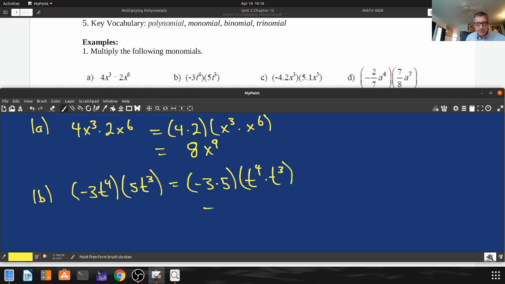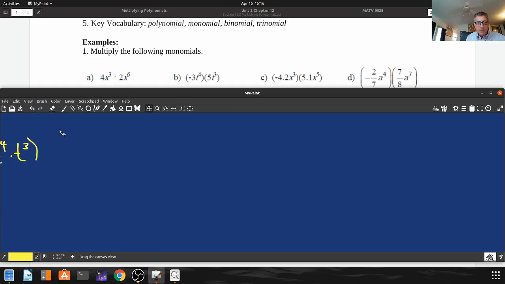Minus 3 times 5 is minus 15. T to the 4 times t cubed is t to the 4 plus 3, which is t to the 7th, so minus 15 t to the 7th. And pretty much that same principle holds for all of these.